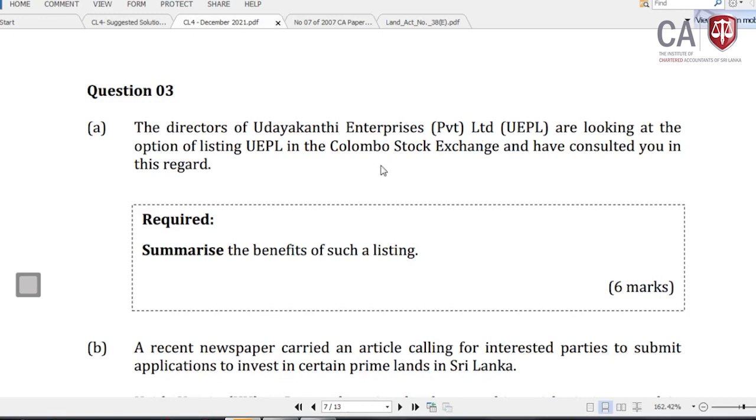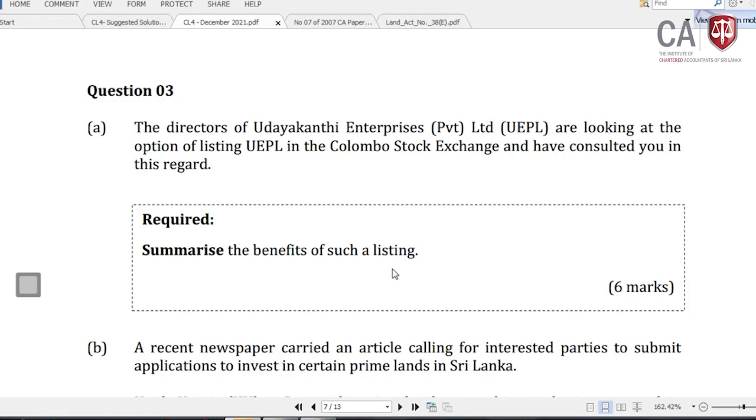So, here it is a theory question: summarize the benefits of such a listing. Currently, it is a private limited company. When you remain as a private limited company, you are aware that there are some restrictions. Because as a private limited company, it is prohibited for you to issue shares, debentures and other securities, mainly shares and debentures, to the general public.